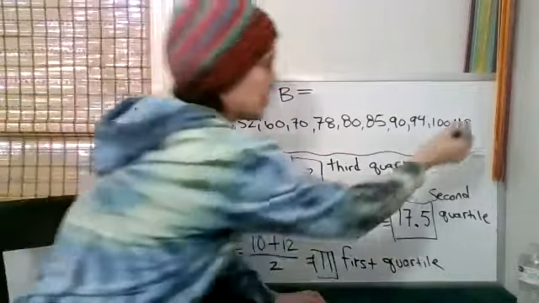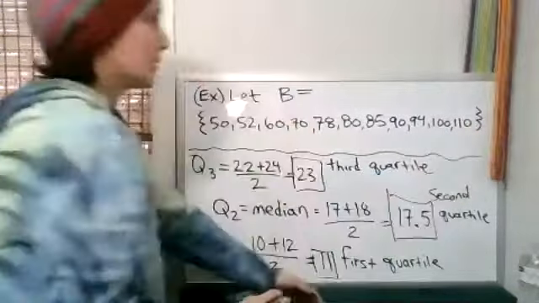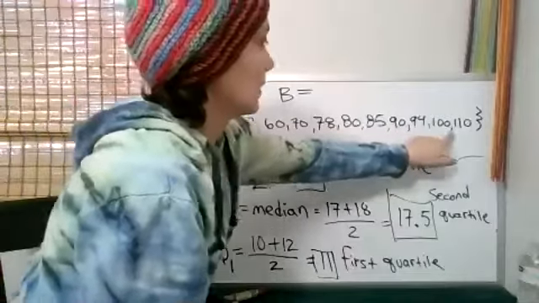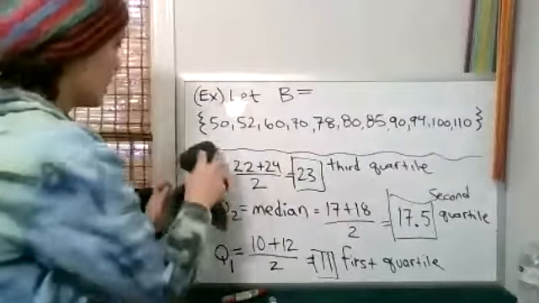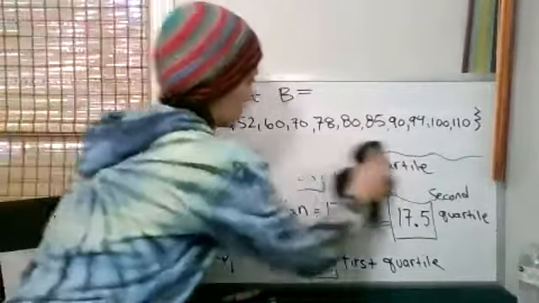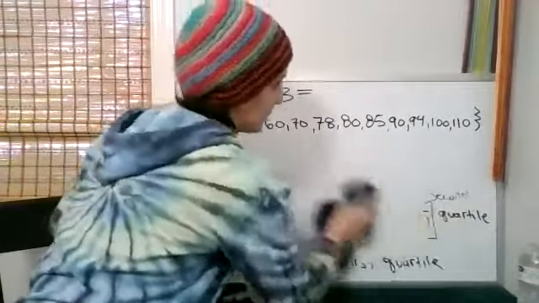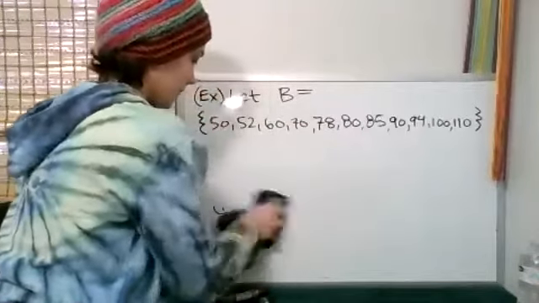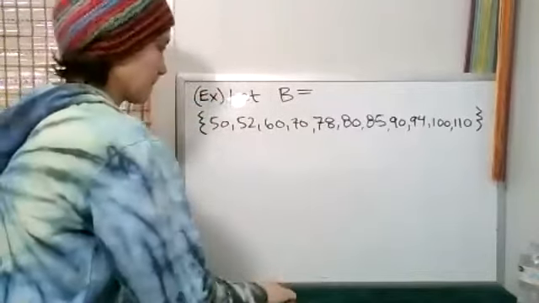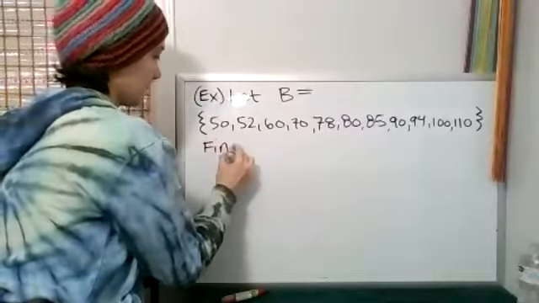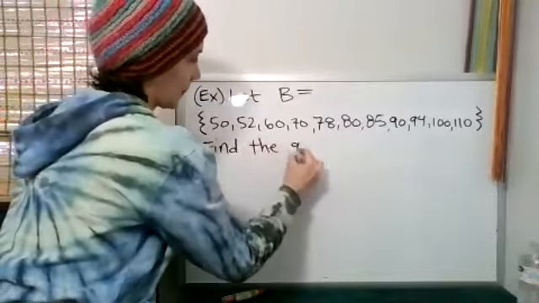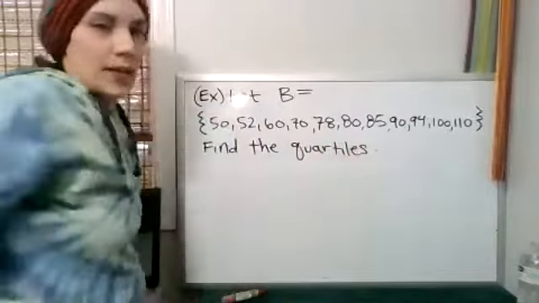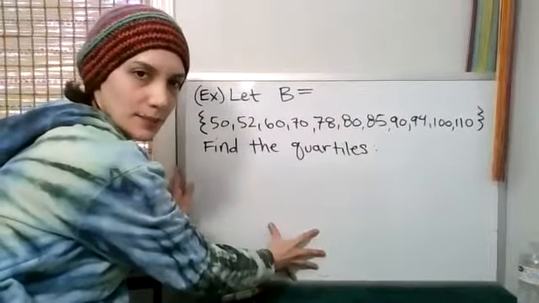We'll close the set and see what happens. 1, 2, 3. Get the quartiles.